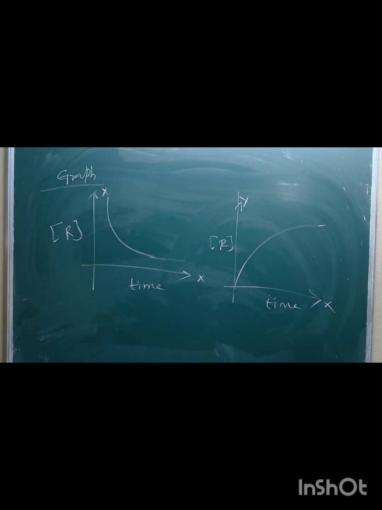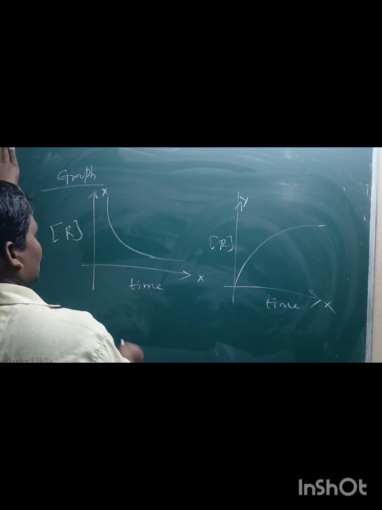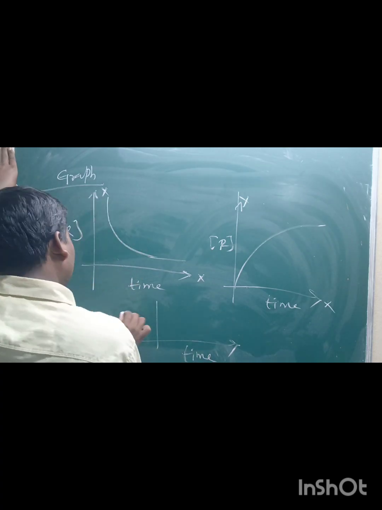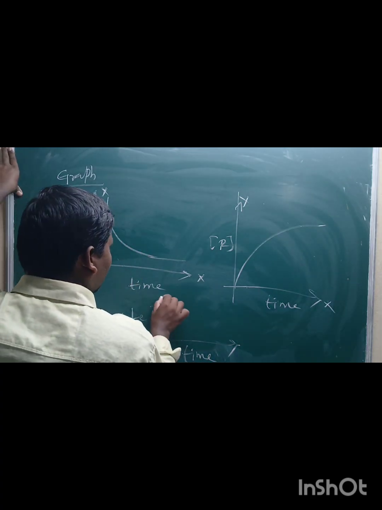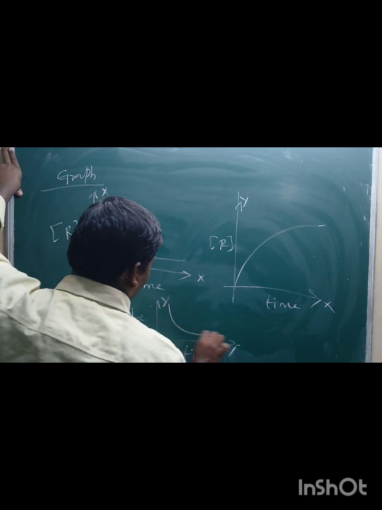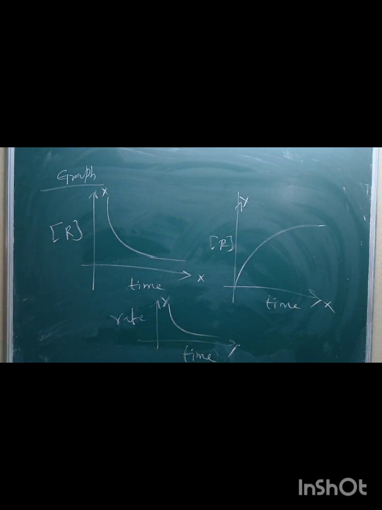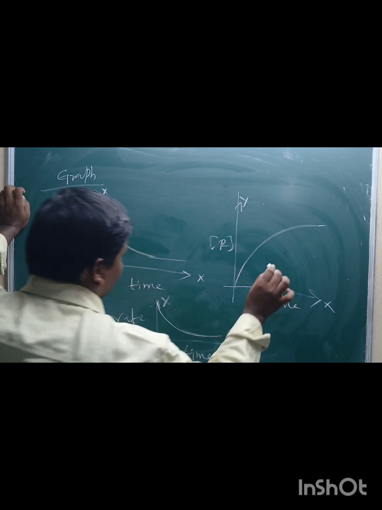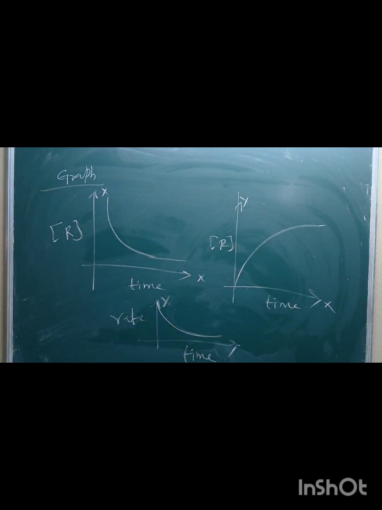These are the graphical representations. Rate is inversely proportional to the time. One more graph: this is time, and this is the rate. These two are inversely proportional. These are the graphs.